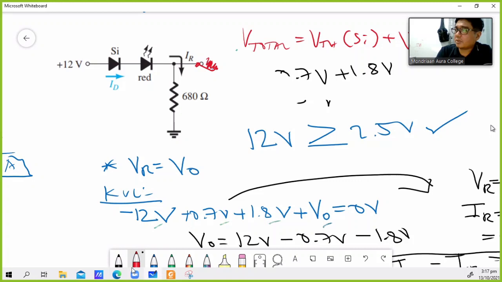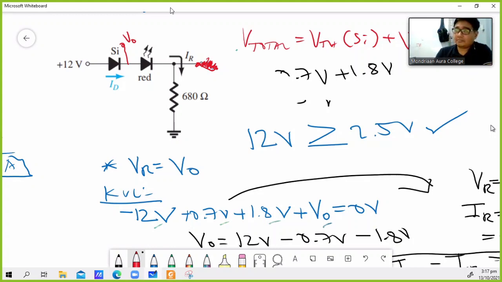So hindi yan yung test point natin. Yung test point nilipat dito. So in this case, yung voltahe ng resistor mo is not equal to the output voltage anymore. Kanina equal kasi yung test point mo nandun sa taas ng resistor. But now, nasa pagitan siya ng red LED tsaka ng ating silicon diode.